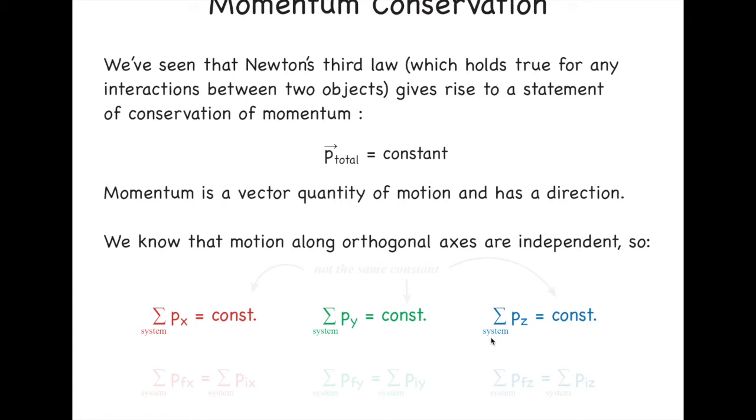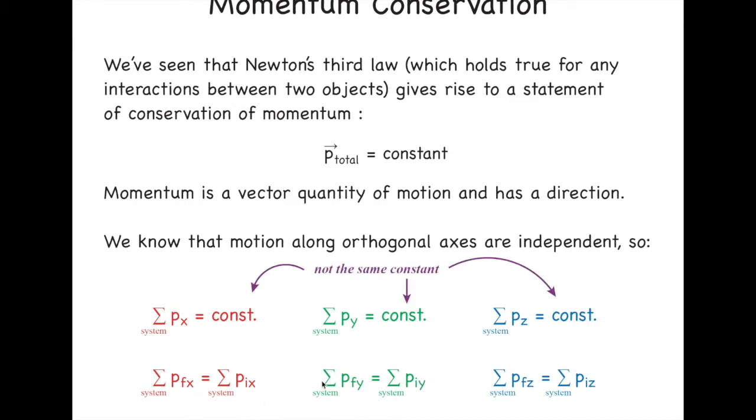If you sum up the z components of all the momenta in a system, they will be constant. Which is to say that the final x component of the momenta of the system is equal to the initial x component of the momenta of the system.